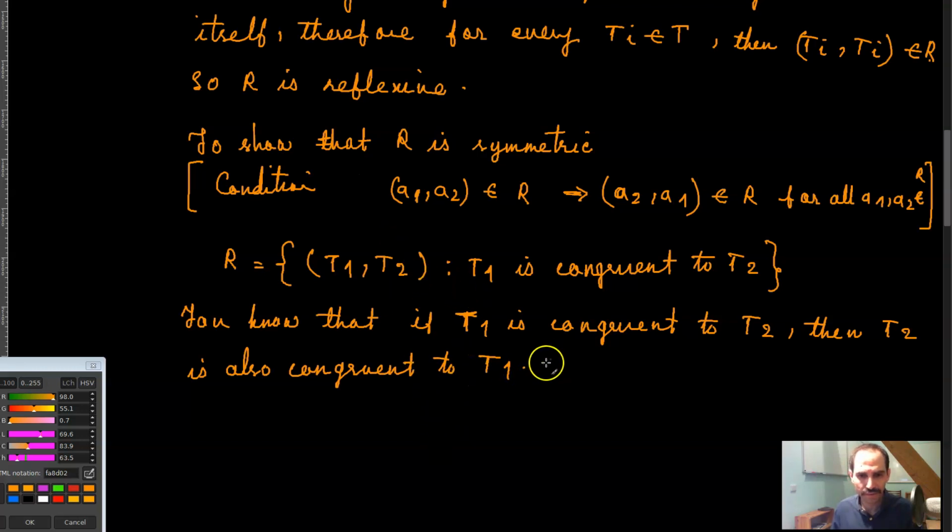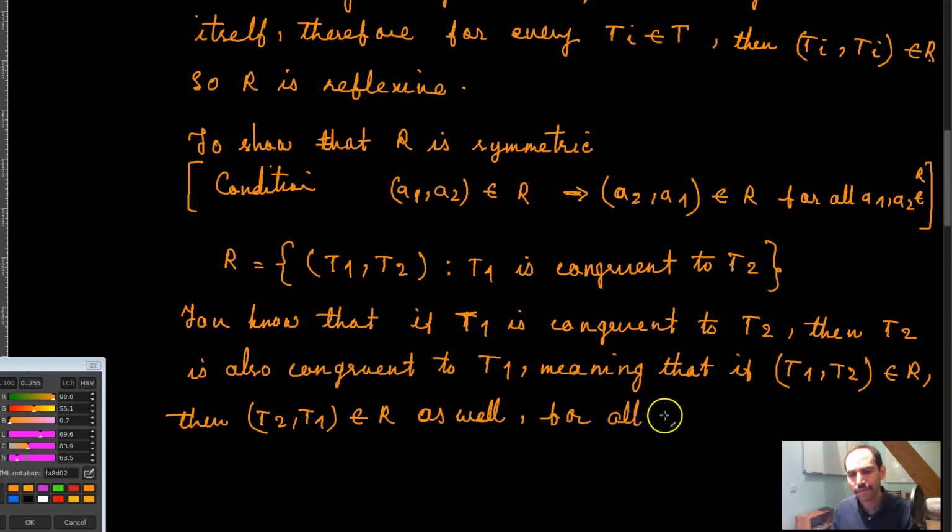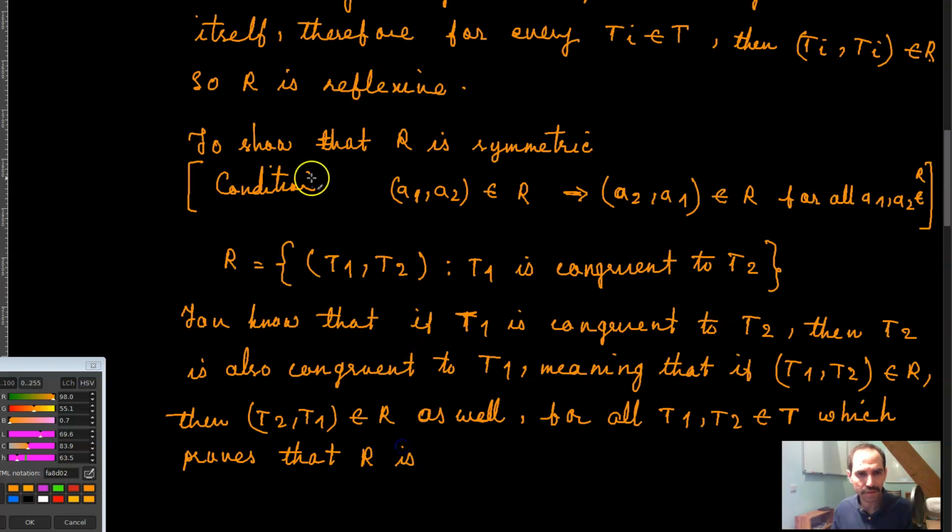Which means that if T1 comma T2 belongs to R, then T2 comma T1 belongs to R as well, for all T1 and T2 belonging to the set T, for example, right? Which proves that R is symmetric.